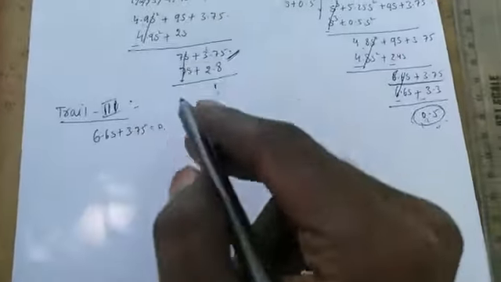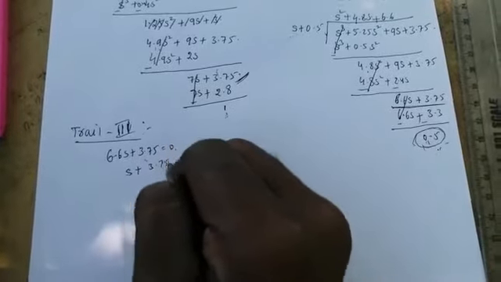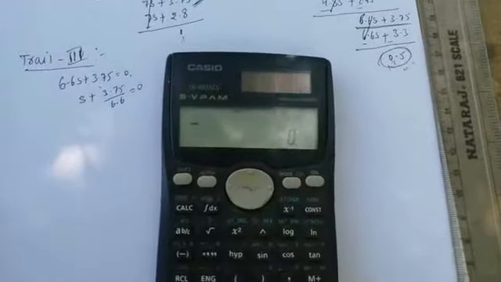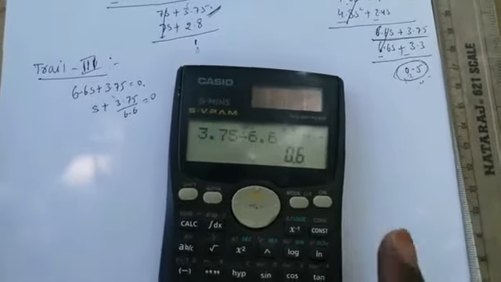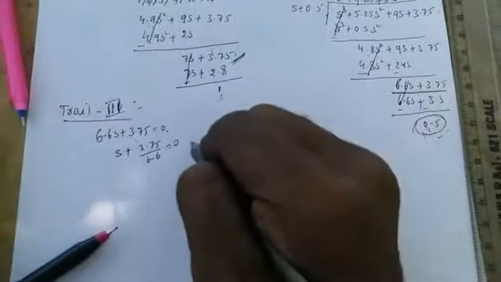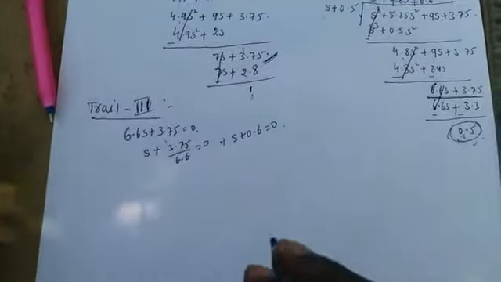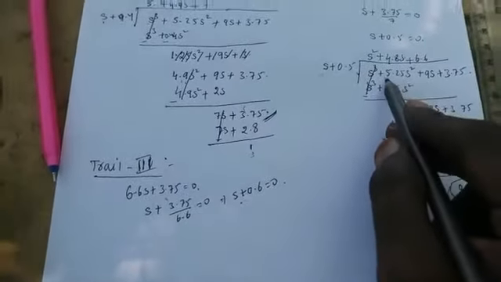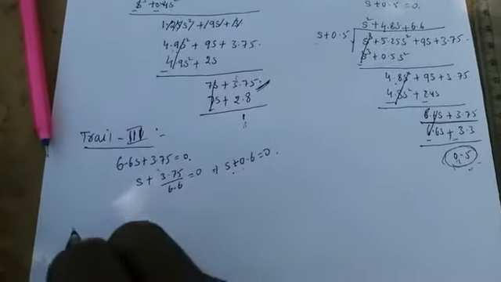So we have to divide this equation by 6.6. 3.75 divided by 6.6, so 0.6. s plus 0.6 equals 0. So now this is the characteristic equation, and it should be divided by s plus 0.6. Let me see what will come.